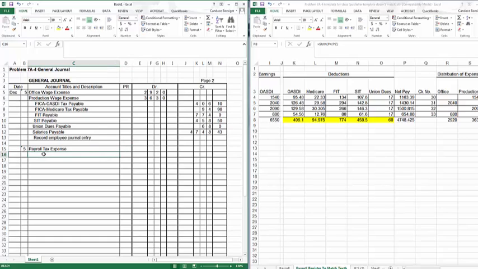Then I'm going to list my credits. As I mentioned before, I have to match dollar for dollar the amount that is owed for Social Security and Medicare. So I just pick those numbers right up and stick them right in this journal entry.